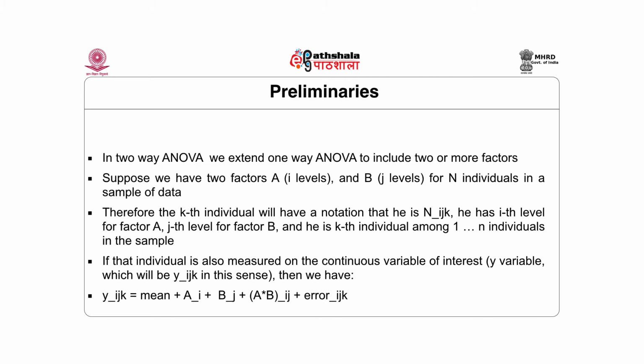And then, in addition to what would be some sort of an overall population mean, effect because of the individual category of the variable A and individual category of the variable B, and the interaction of A times B, that is I times J categories, it is also going to have an error term, and that error term is unique to the individual to whom this study belongs. And because we are here dealing with a linear model situation, that's how the linearity of it is going to work.